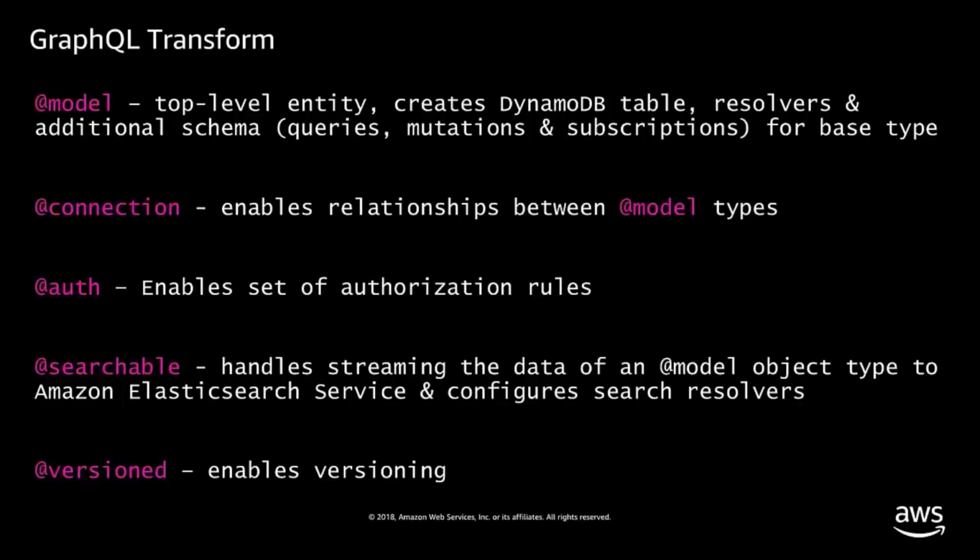We also have @searchable, which allows you to set up a model with an additional Amazon Elasticsearch service. So this will not only create this DynamoDB table, but it'll also set up streaming for all of the data from the DynamoDB table to the Amazon Elasticsearch service. And then it'll also generate schema for creating search queries from your API.